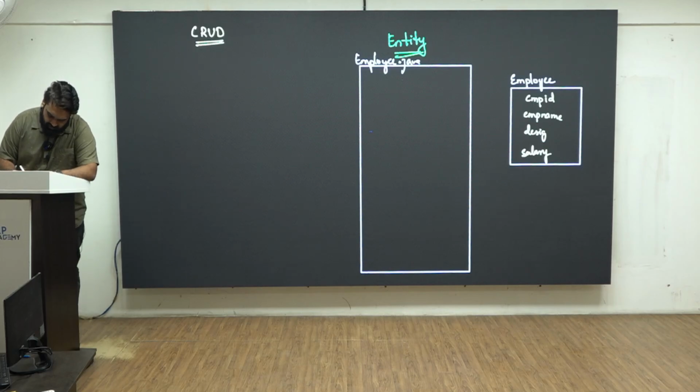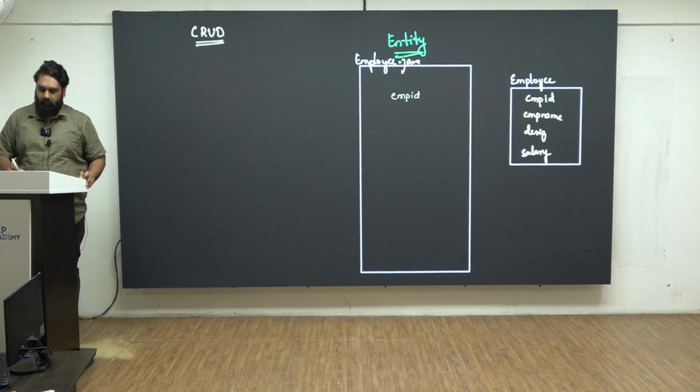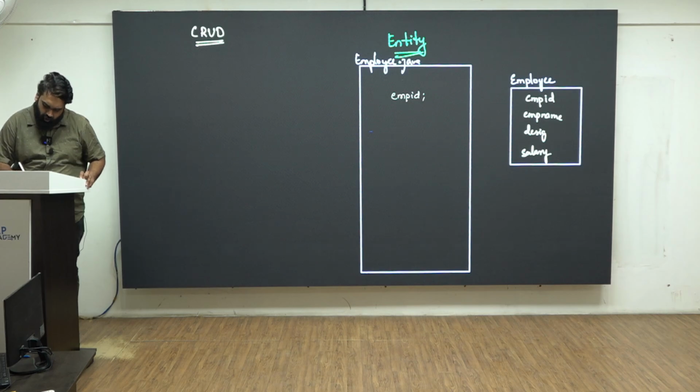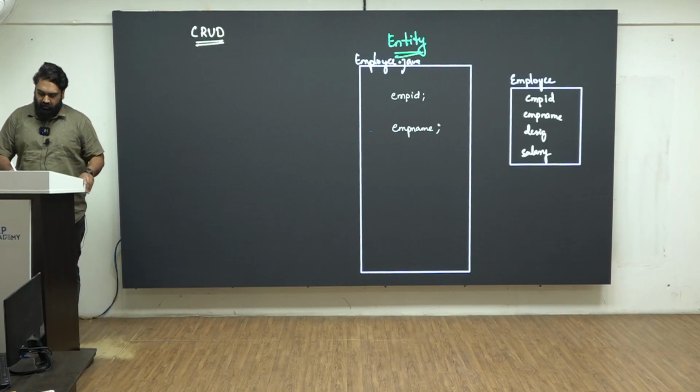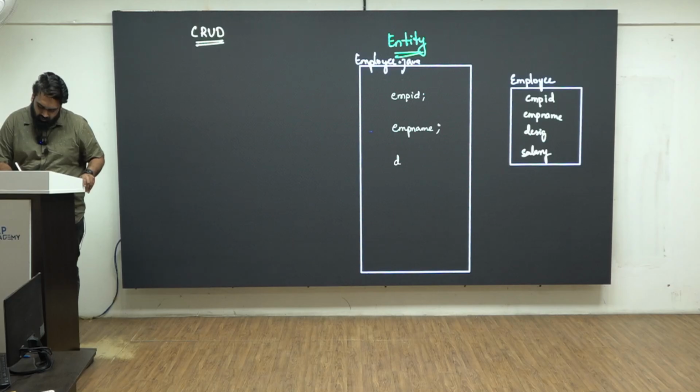What are the variables, sir? First one, for employee ID, I will say it as EMP ID. In the same way, for employee name, I will write EMP name. In the same way, designation, I will write.